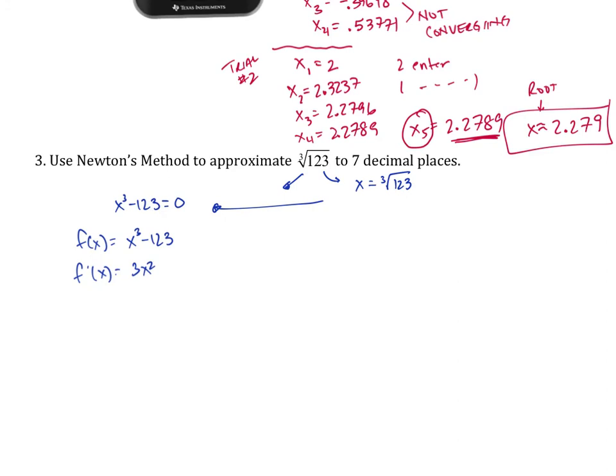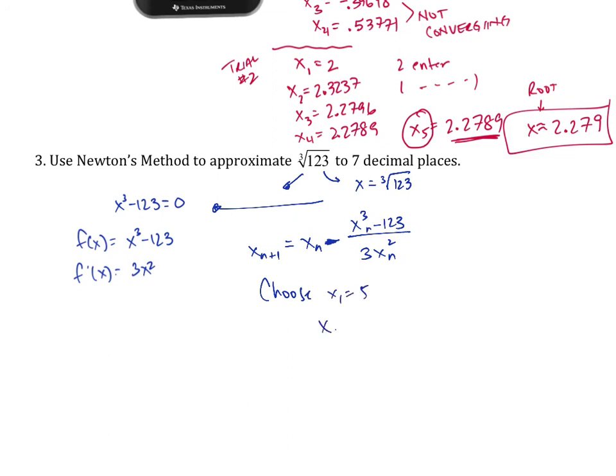And so then x sub n plus 1 will equal your x sub n, whatever you choose to guess, minus x sub n cubed minus 123 over 3 x sub n squared, like that. Okay? And then here, let's go ahead and choose, I'm going to choose 5. X sub 1 equals 5.